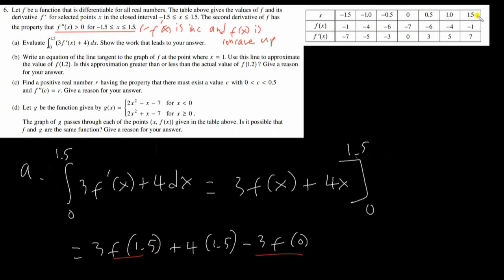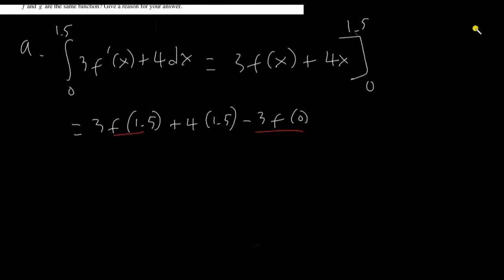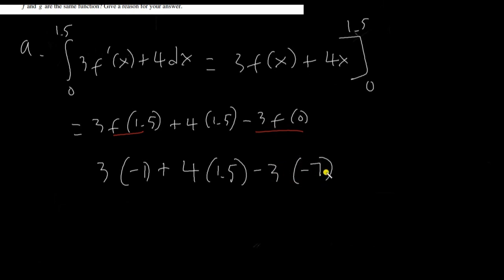I can go to x equals 1.5, and I see that f of 1.5 is negative 1. And then if you looked at f of 0 on the table, you'd find that f of 0 is negative 7. So you'd get that times negative 7, and this is the integral right there.